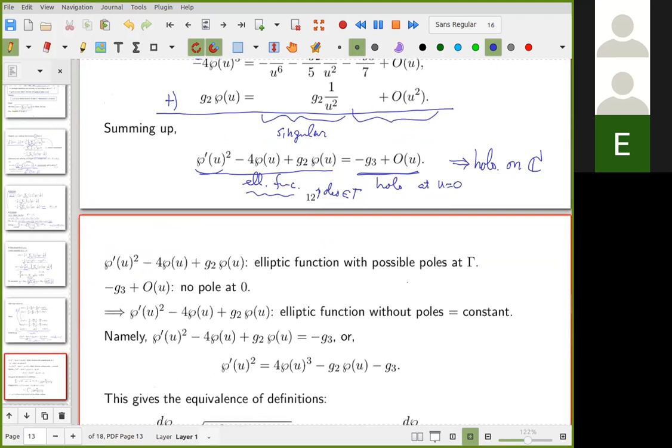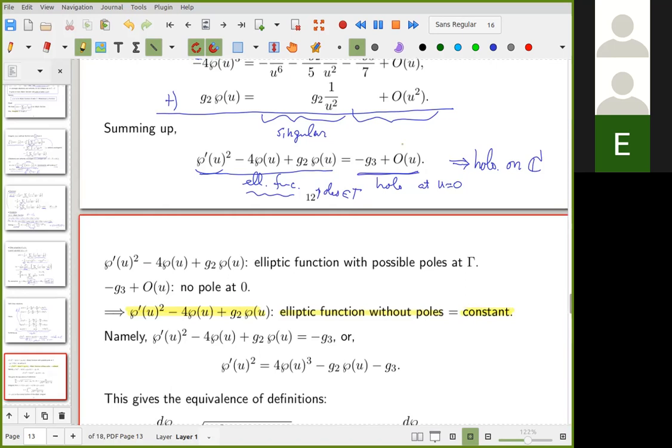which means that such a combination is an elliptic function which doesn't have a pole. Namely, it is a constant. Well, what is the constant?